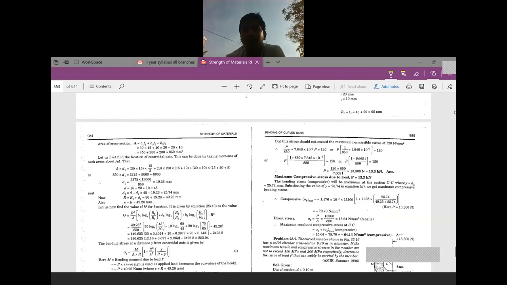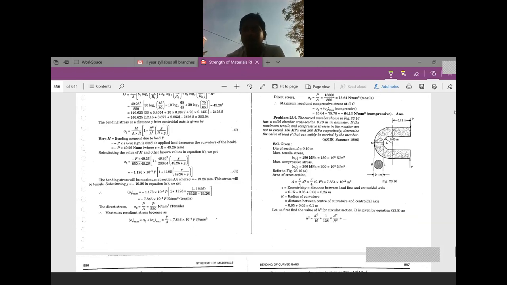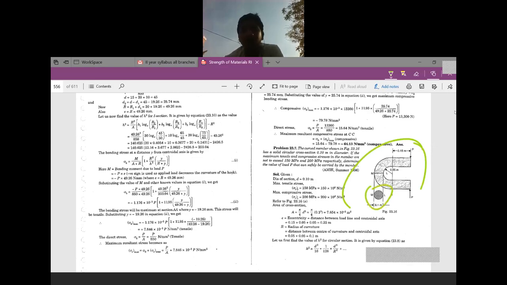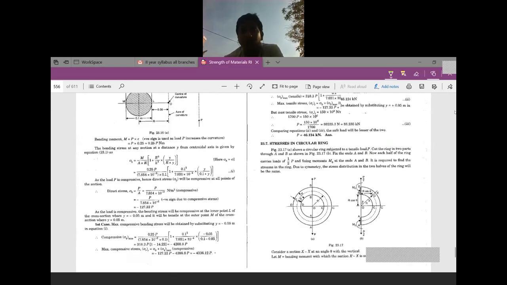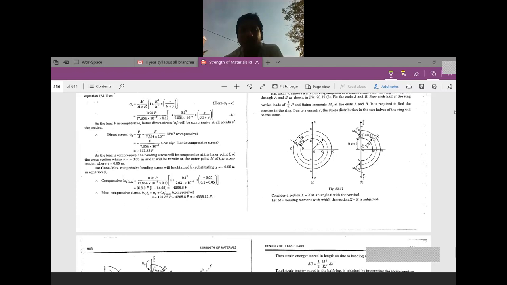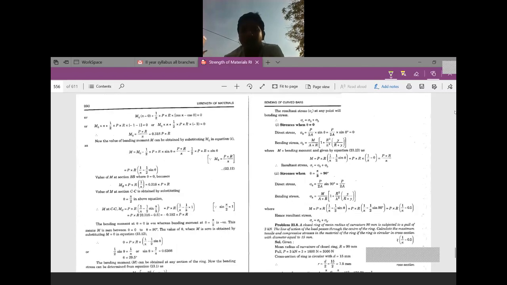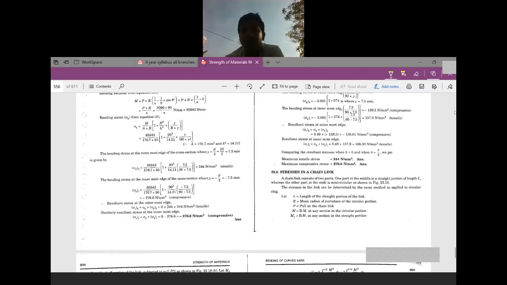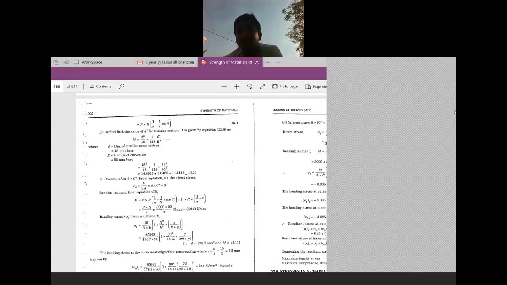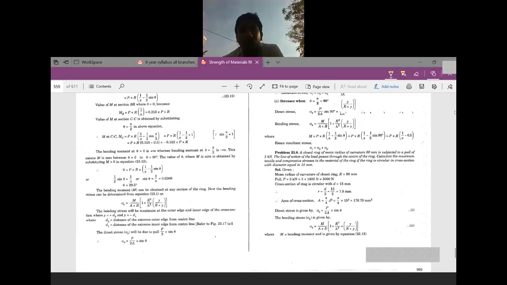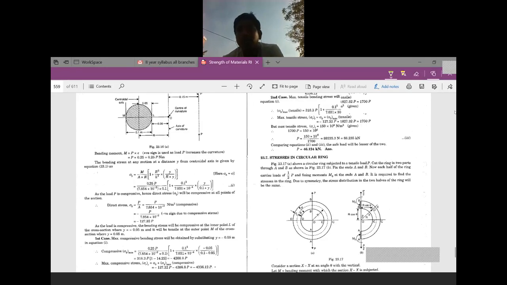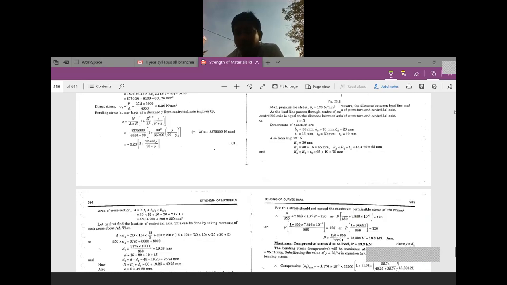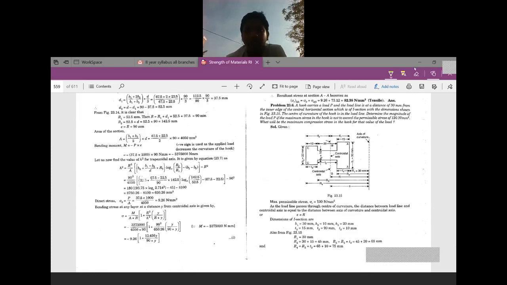Another is also a crane hook with a trapezoidal section. Then we have a C section with a circular cross section. These are the problems you have. If you complete these problems, we'll complete this chapter.